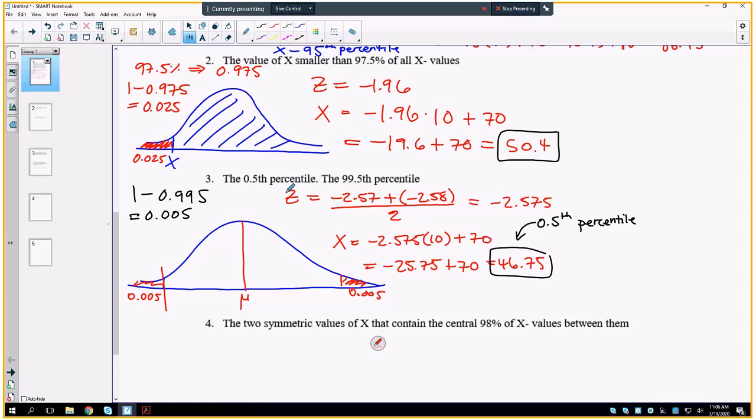So by the symmetry, if I'm here, I'm plus 2.575. So let's make the necessary adjustment. For the other one, we're going to say positive 2.575 times 10 plus 70, and that's equal to 25.75 plus 70, which is equal to 95.75.